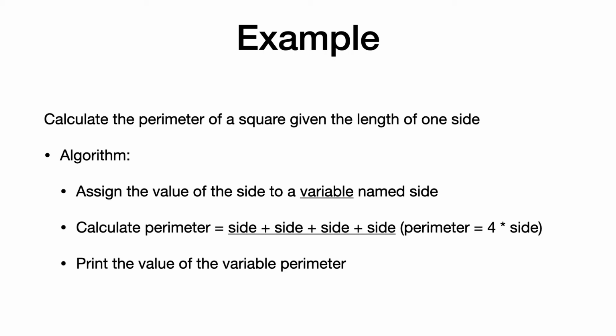Here we are summing the length of the side 4 times instead of multiplying the length of the side times 4. So these are considered two different algorithms, although both of them will give you the same result. Usually, several algorithms solve the same problem, and we will see later on how you can decide what algorithm to choose.